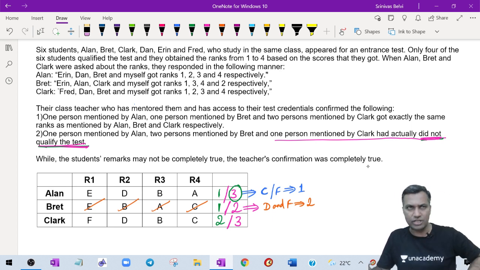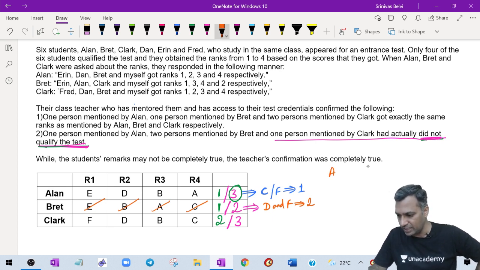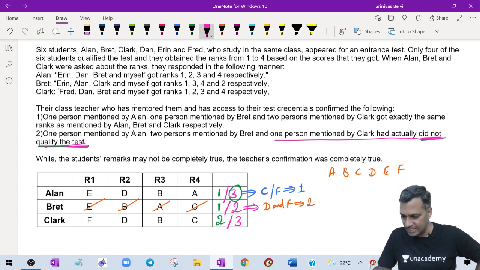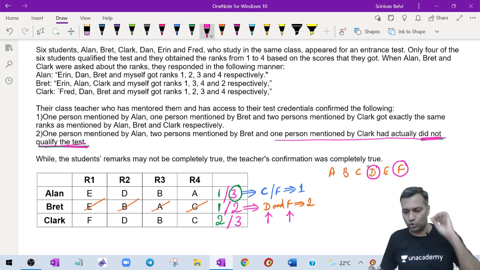Now let's come to this. Therefore, who is there on the rank list? Let's figure it out. These are the letters: A, B, C, D, E, and F. Out of these, I know that D is in the rank list, no doubt about it. F is in the rank list, no doubt about it. Why is there no doubt about it?